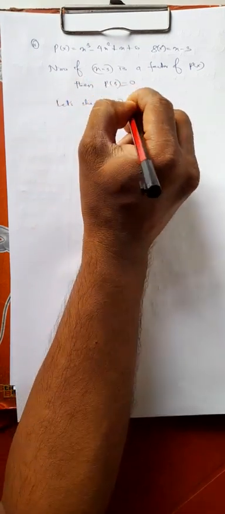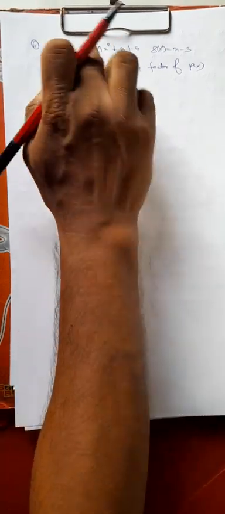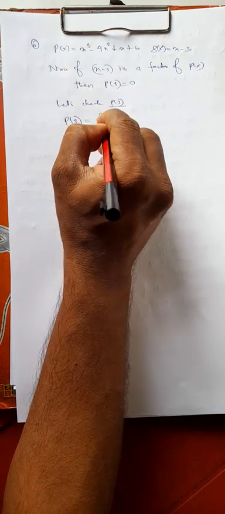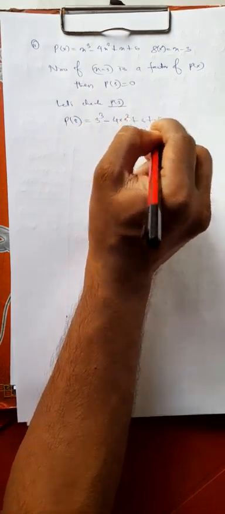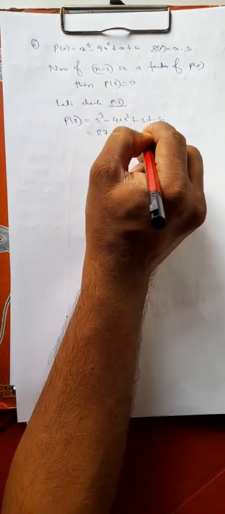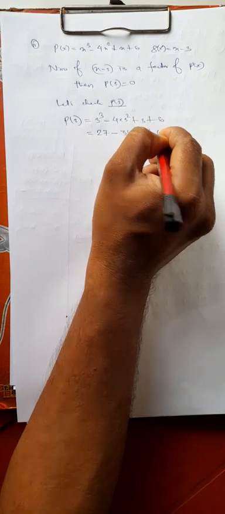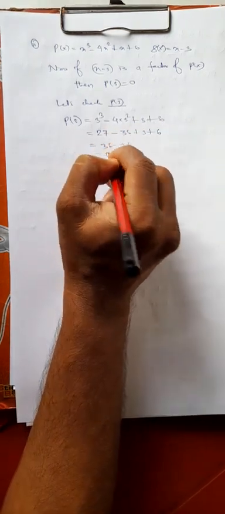What is p(3)? You put x equal to 3 here: 3 cube minus 4 into 3 square plus 3 plus 6, that is 27 minus 36 plus 3 plus 6. This means 36 minus 36 equals 0.